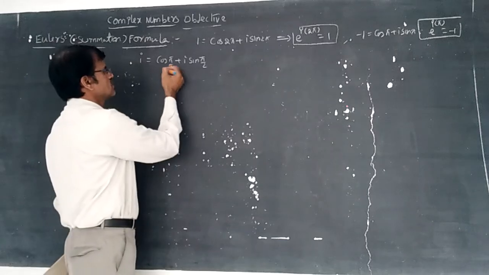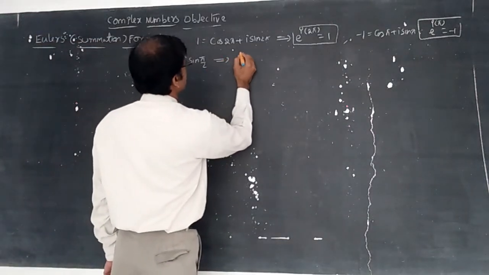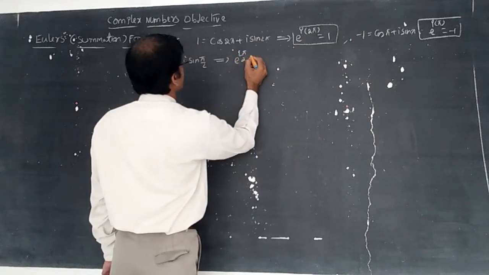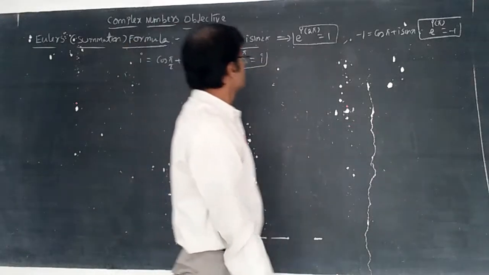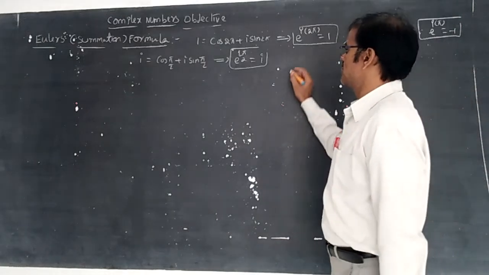Because cos 90 degrees value is 0, 0 plus i. That implies e power i pi by 2 is equal to i.